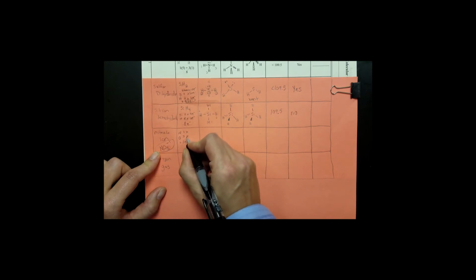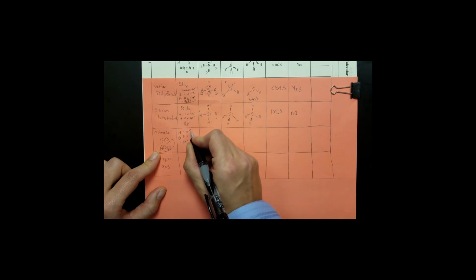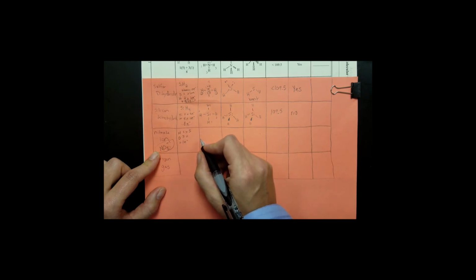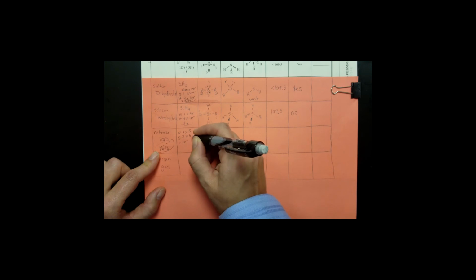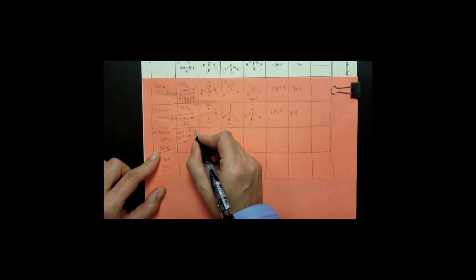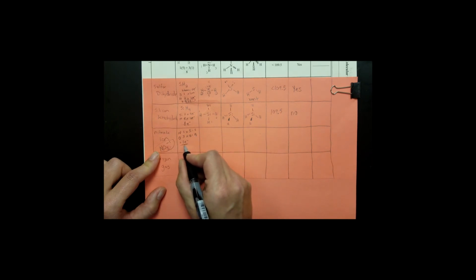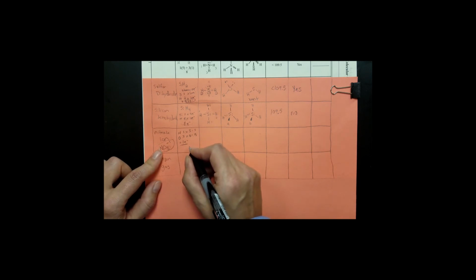Now looking at valence electrons, nitrogen has 5 because it's in group 15. Everybody in group 15 has 5. Oxygen has 6 because it's in group 16, and everybody in group 16 has 6. So multiplying across, we get 5 from the nitrogen, 18 from the oxygen, and then also we're going to add that extra one to our grand total. So what does that give us? 24? So we have 24 total valence electrons.